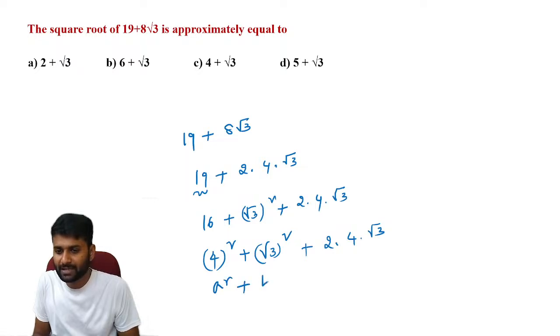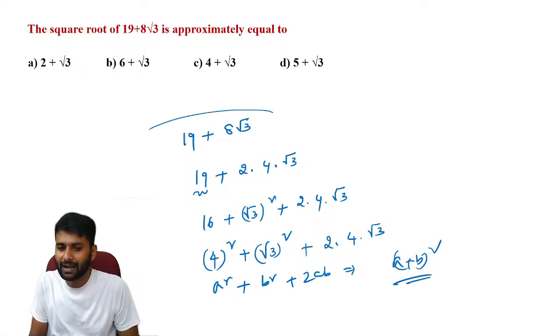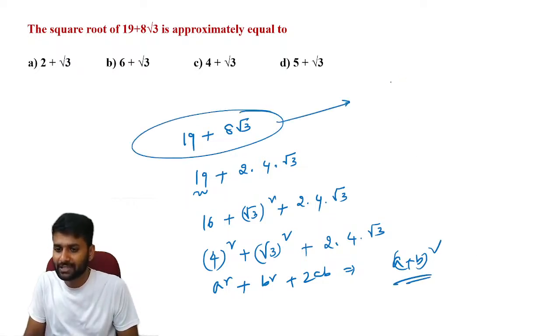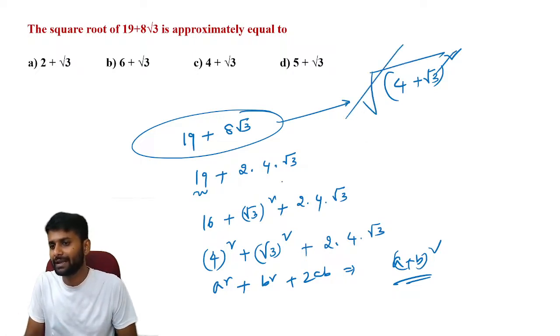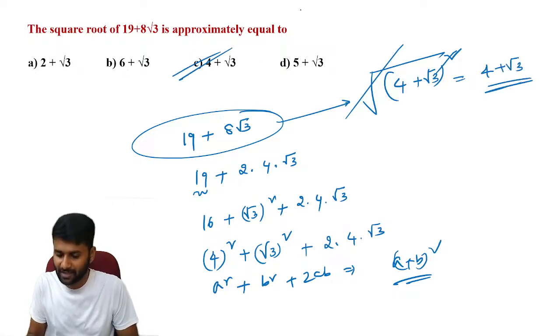So a square plus b square plus 2ab is a plus b whole square. Means you can write 19 plus 8 root 3 as (4 plus root 3) whole square. But here the question is to identify the square root. If you go through the square root, you can cancel root and square. Then the final value becomes 4 plus root 3. This is your final answer.